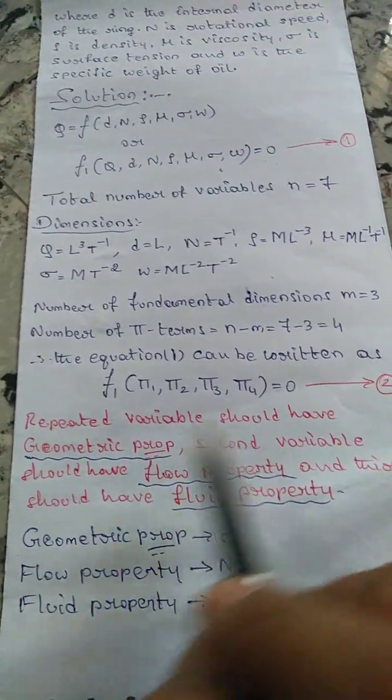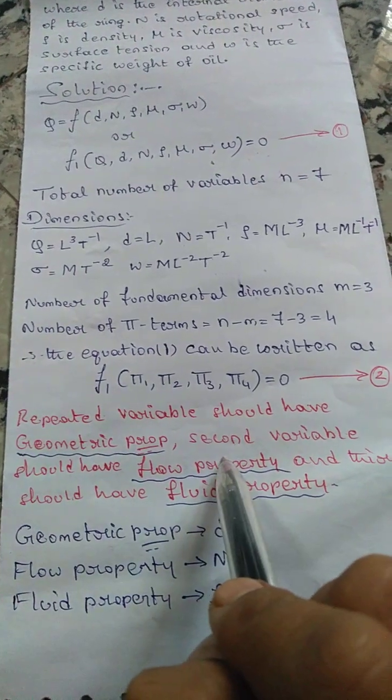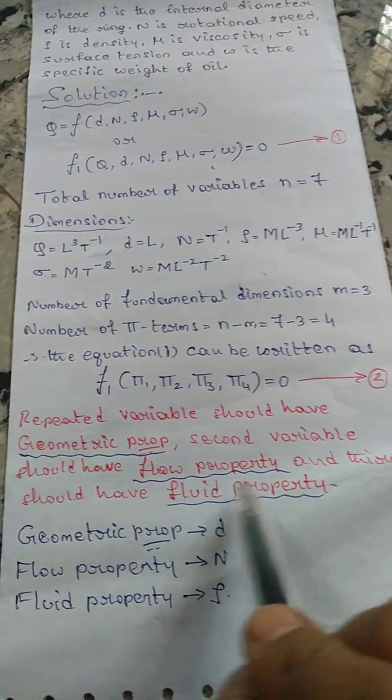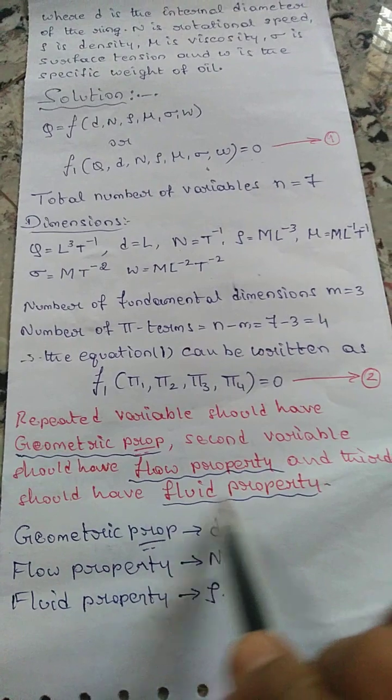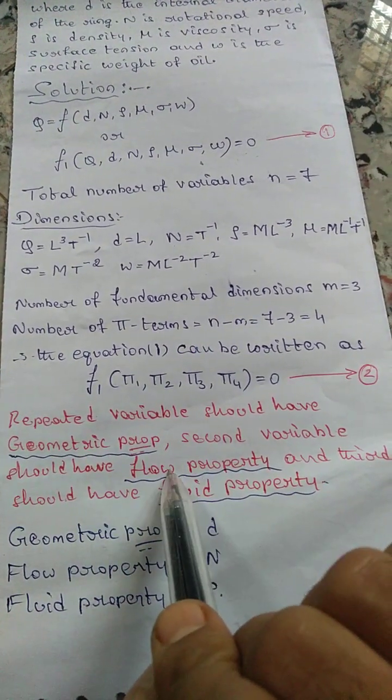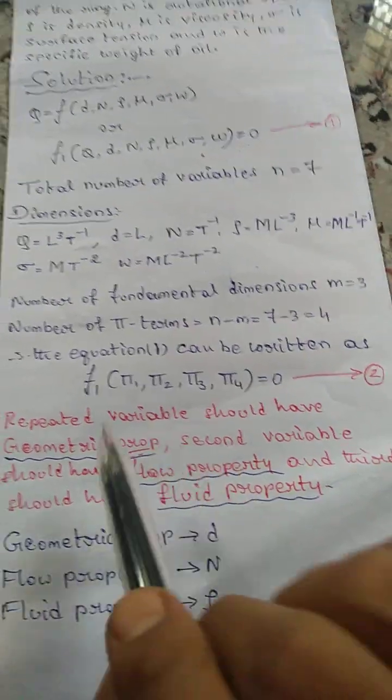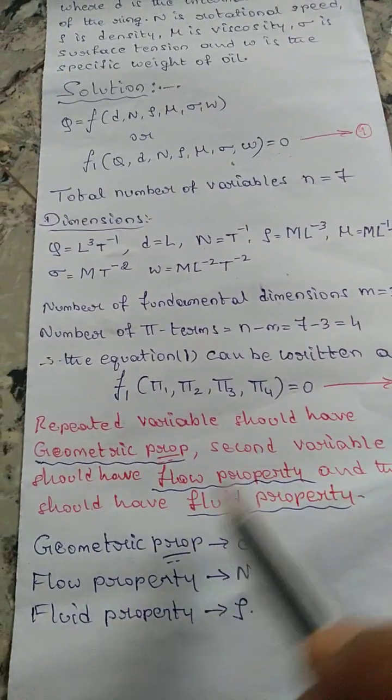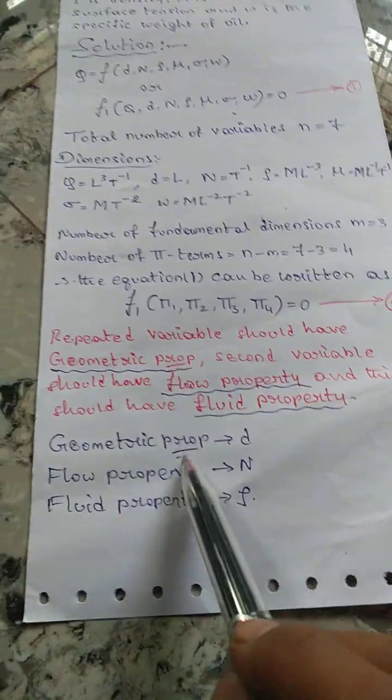The first repeated variable should have a geometric property, the second variable should have a flow property, and the third should have a fluid property. So geometric property, flow property and fluid property, these three terms are very important. So which is the geometric property here? See, geometric property d. Why d?